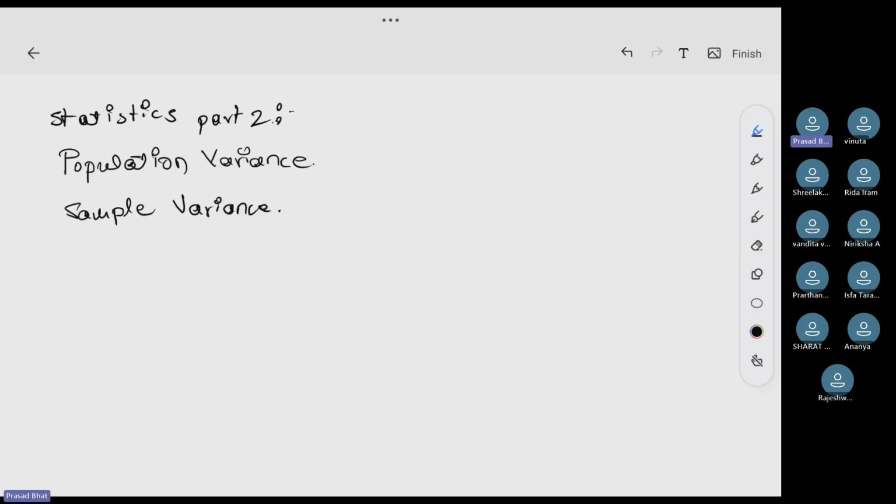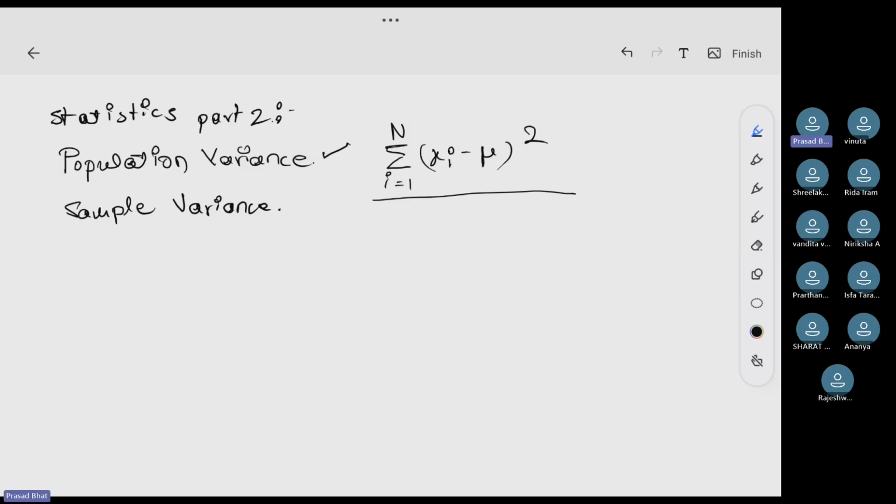Okay, the population variance, the formula for it. I think I had shared the formula yesterday, and I'll do that once again. What is the variance formula for population variance? The general formula that we use: sigma, i equal to 1 to n, and then what is this? (xi minus mu) whole square divided by n, right?